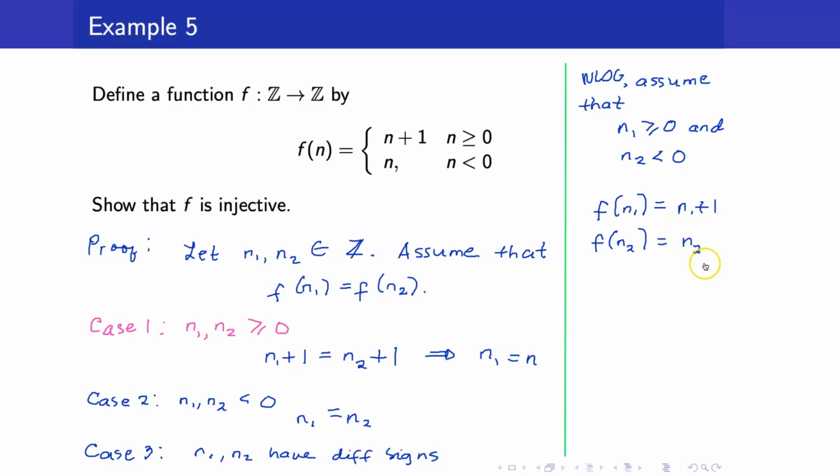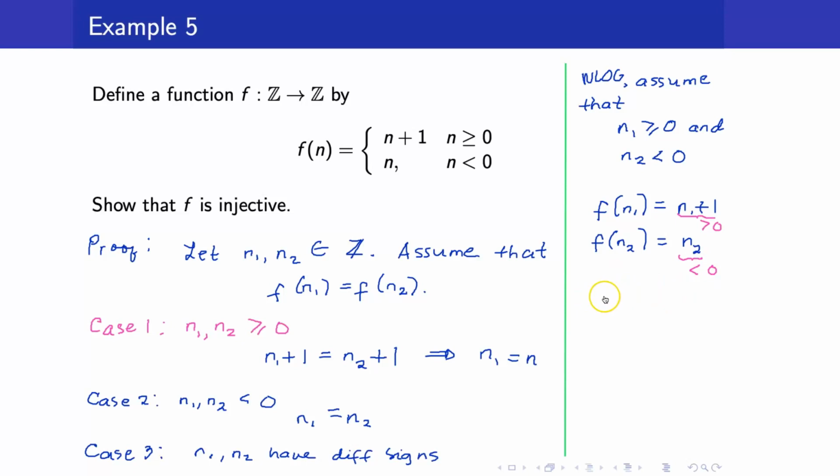What is this saying? Take note that n1 is greater than or equal to 0, so therefore this one here is strictly greater than 0, and n2 is negative, so therefore this is less than 0. But your assumption here is that f of n1 is the same as f of n2, but this cannot happen.